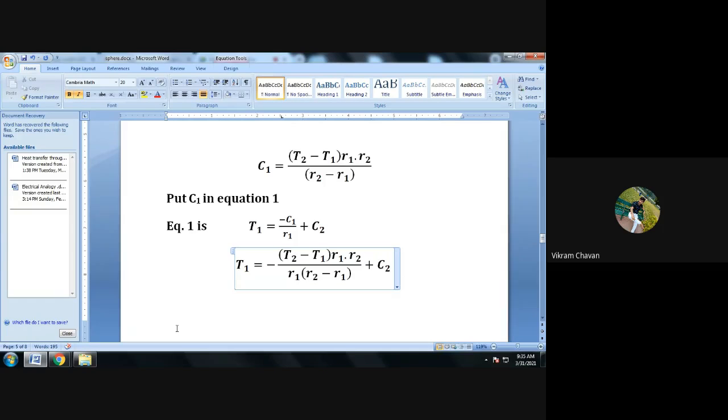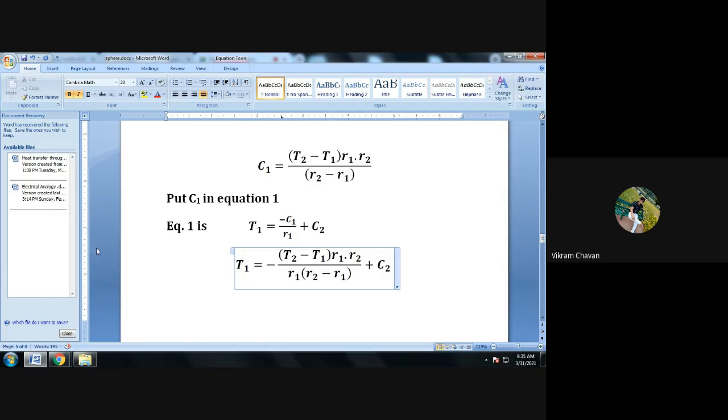Getting everyone? T1 is equal to minus, in the numerator, (T2 minus T1) multiplied by R1 multiplied by R2, divided by R1 into (R2 minus R1), plus C2.